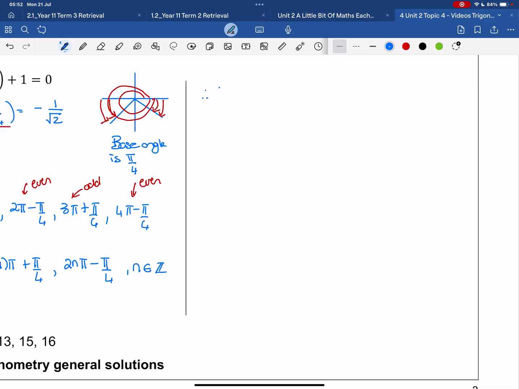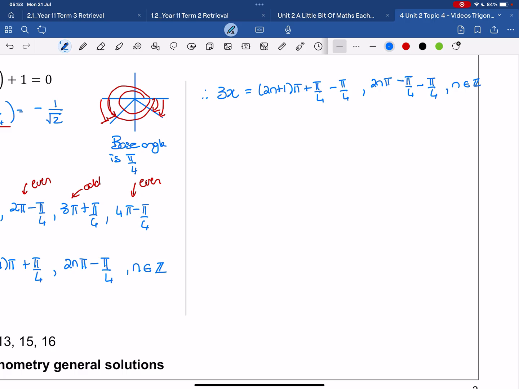So therefore, 3x is going to be 2n plus 1 pi plus pi on 4, and I'm going to subtract pi on 4, or it's 2n pi minus pi on 4 minus pi on 4, where n is an integer.